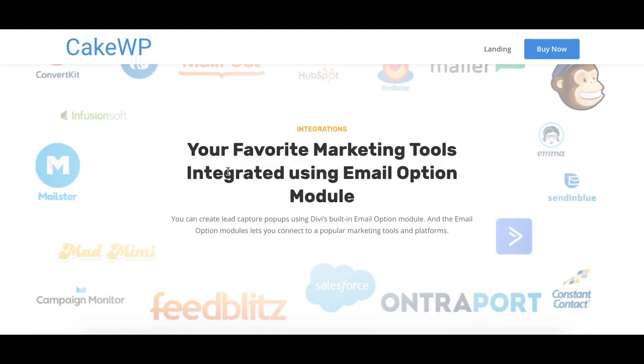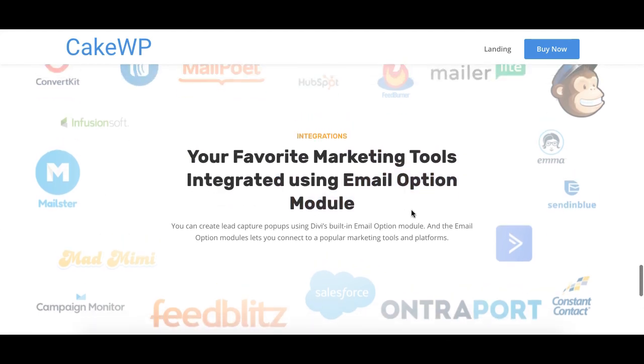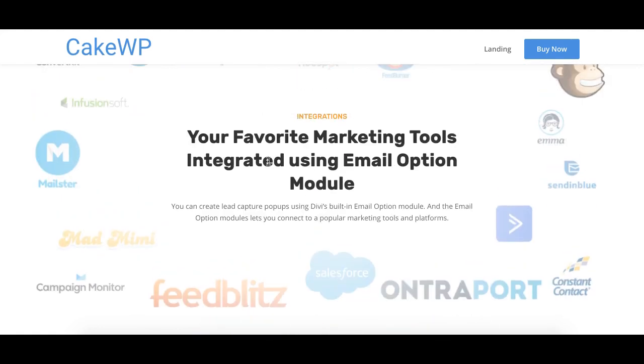Inside the pop-up, you build your content using the Divi built-in modules, or any third-party modules. So if you use the email opt-in module, you get all the integrations that module already has in Divi. So you can create lead capture forms or pop-ups using this plugin.